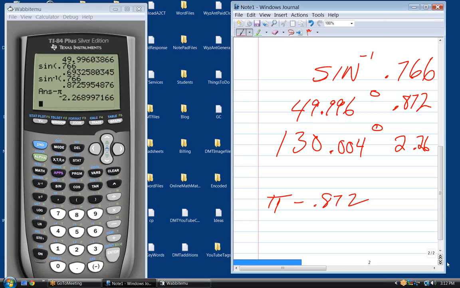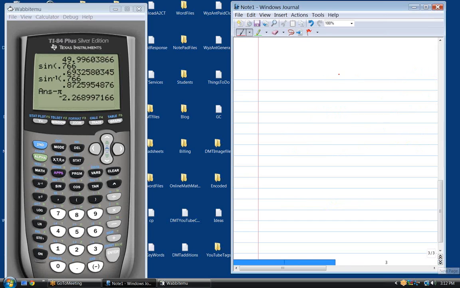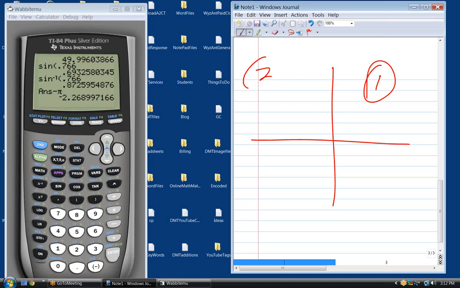Remember that when we're dealing with sine, the calculator gives us the first quadrant angle, but we know also that the second quadrant angle is also positive. So when we're looking for inverse sine, the calculator for positive values is going to give us the first quadrant. For negative values, it's going to give us the fourth quadrant.